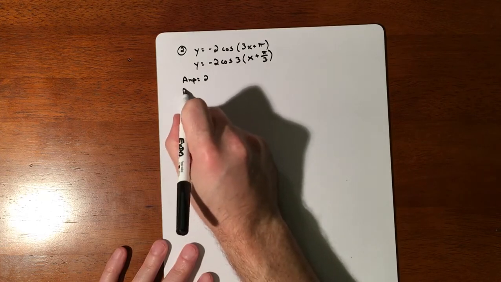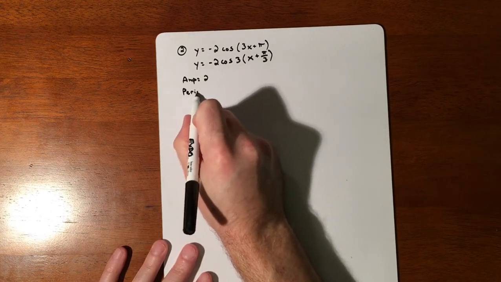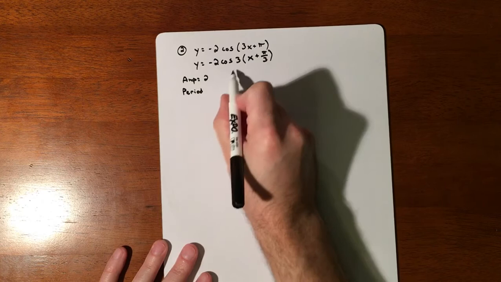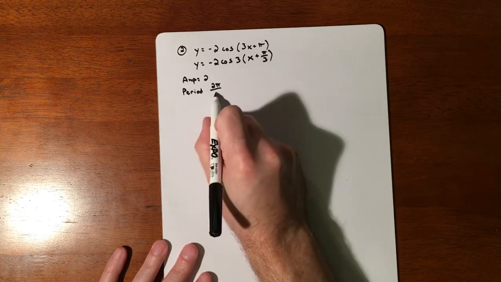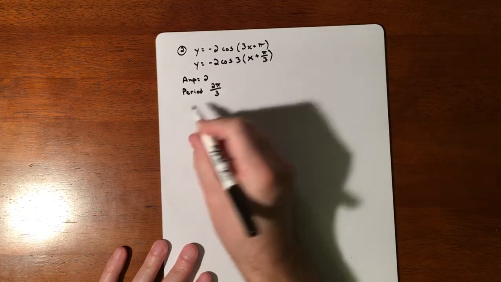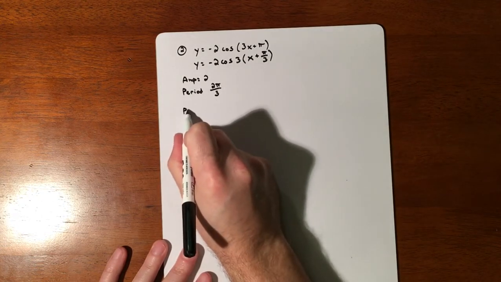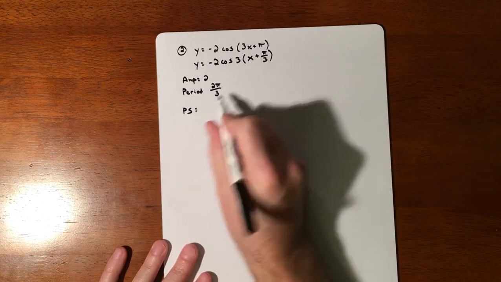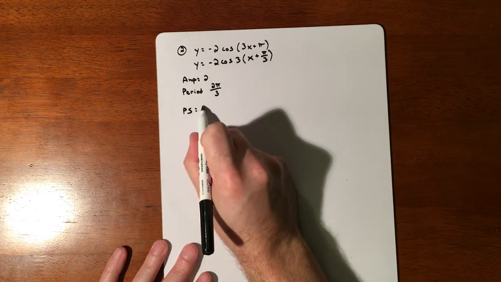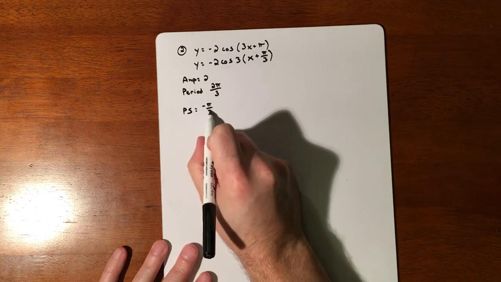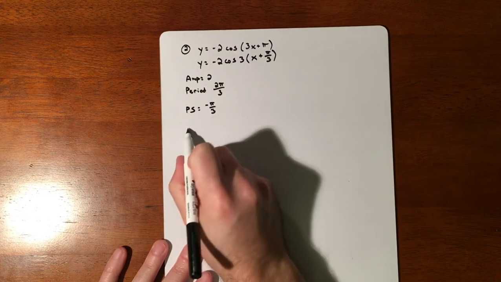And then your period is going to be 2 pi divided by your b value, which is 3. So there's your period. And then for phase shift, we are going to go left pi over 3, so a negative pi over 3.